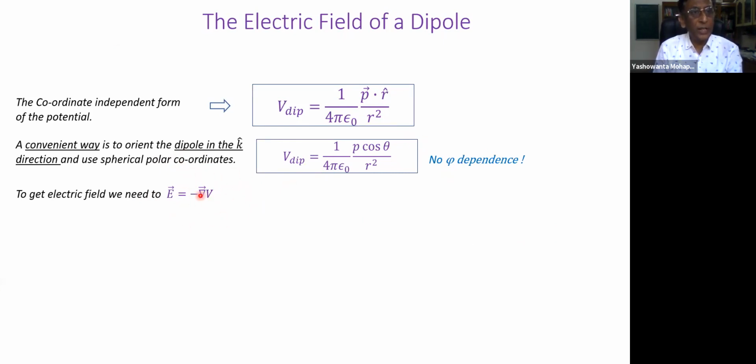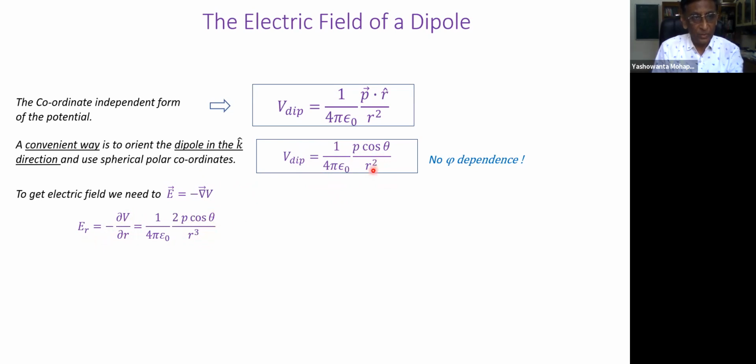While doing this, I have to take some coordinate system, so spherical polar is the right coordinate system, and the dipole is pretty convenient here. Let's find out the r component. It's simple, minus del V by del r. So this r square picks up r cube. There's a minus, which then becomes plus. So E_r is simply 2p cos theta by r cube.